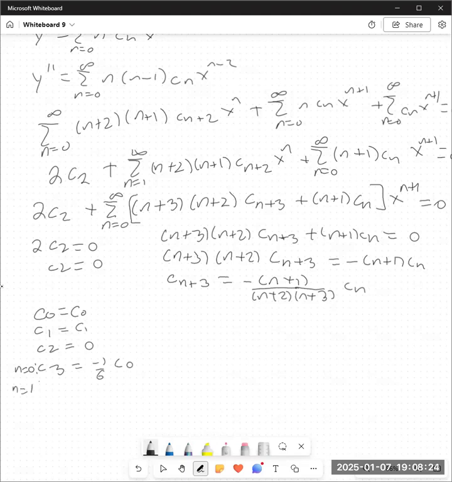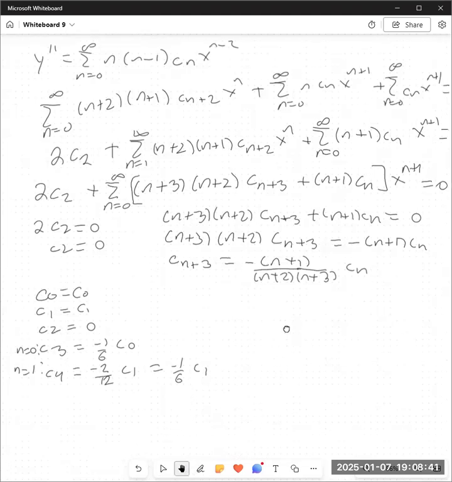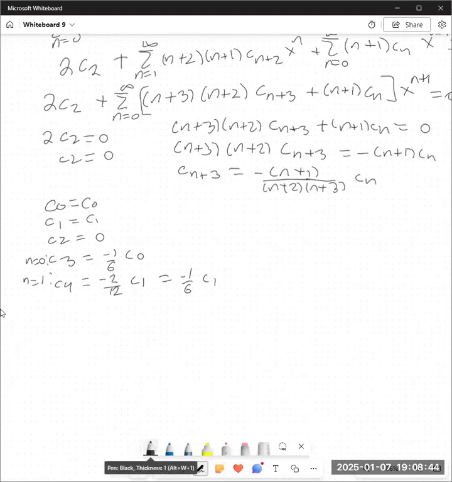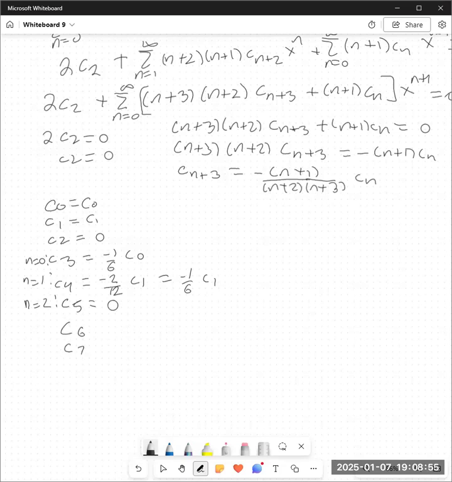When n equals 1, C4 is going to be negative 2 over 3 times 4, which is 12, C1, so that's negative 1/6 C1. When n equals 2, C5 is going to be equal to 0. Let's see, 6, 7, 8 is 0.